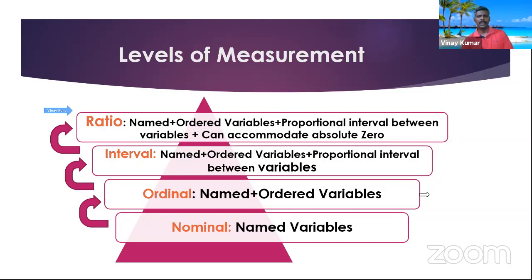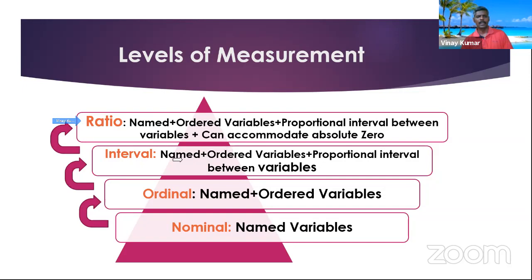Okay. So let us try to understand these four scales with an example. Let me again repeat these four important levels of measurement. Here the researcher has to decide whether he wants to measure the variable that he has selected only at the nominal level, or at the ordinal level, or he wants to even take into consideration the interval level, or he wants to measure even the ratio level, which captures all the measurement properties.